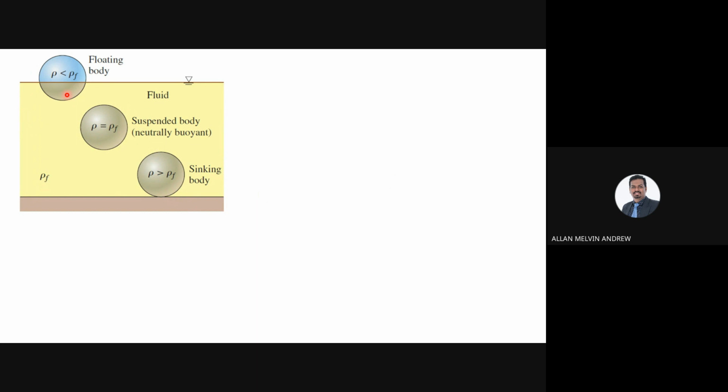So if you want the submarine to submerge, the submarine pilot will open the valve so that the fluid will enter the submarine into the tank. When the water comes into the tank, the submarine will have more weight. The density of the submarine will increase, and it will go down. It will start to sink because the density is more, because the density of the fluid is added to the density of the submarine.